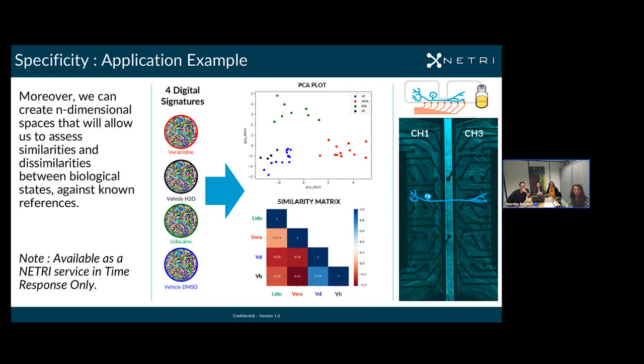So basically, our analytical pipeline starts with using our partner tool Axion for spike detection, noise filtering, burst detection, and so on. Then, along with our own tool adapted to our compartmentalized devices, we calculate a set of metrics, which we then pass through the pipeline to carry out filtering of outliers and of two metrics that are too correlated with each other.